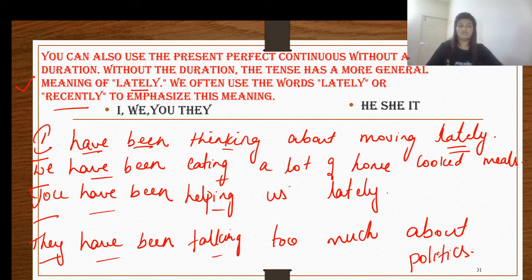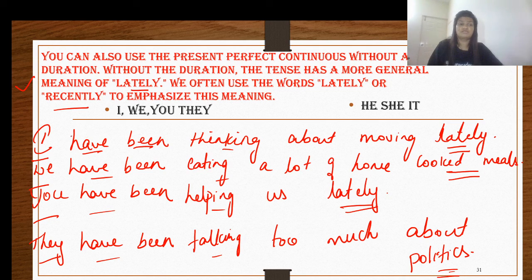To say that, we've been eating a lot of home-cooked meals lately or recently. You have been helping us lately. So the helping did not start way back, or did not happen all the time. It only started lately or recently. We've been talking too much about politics recently or lately. Earlier, they were not talking about this topic, but lately, they have been talking too much about politics. So that's how you use it with I.